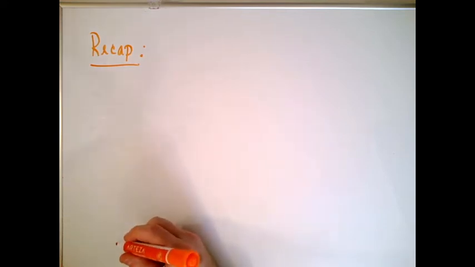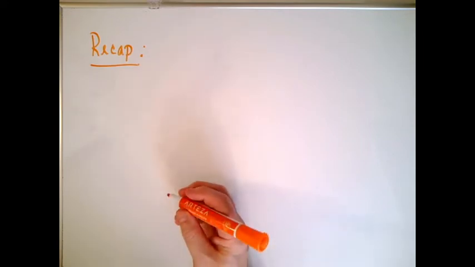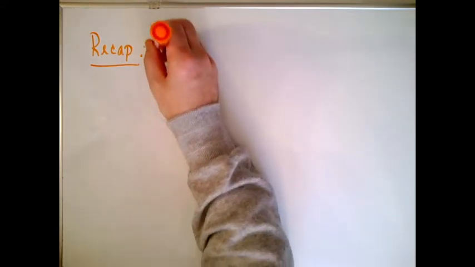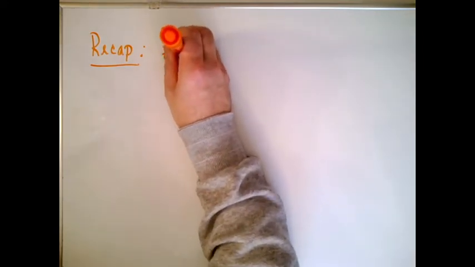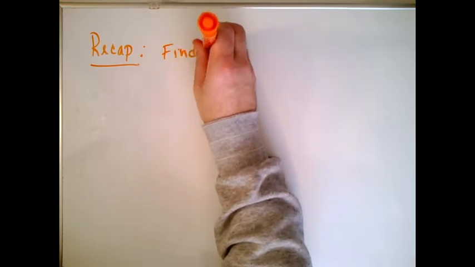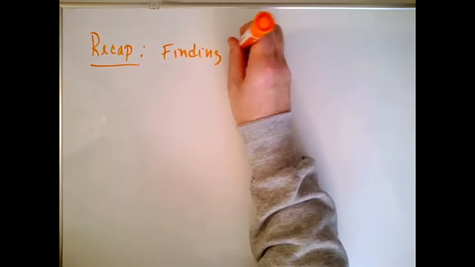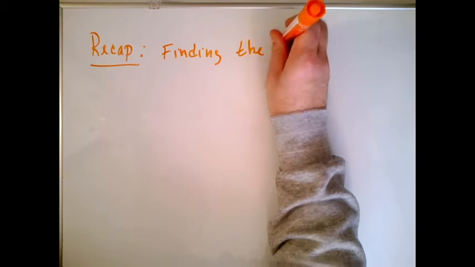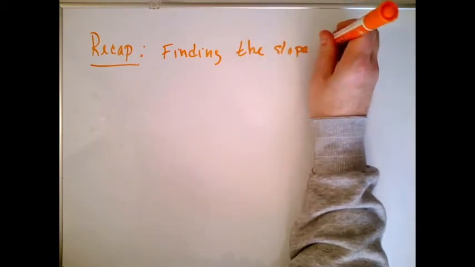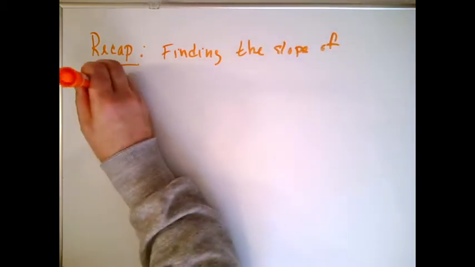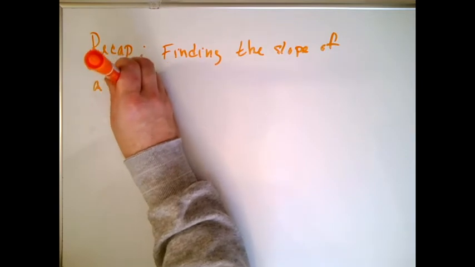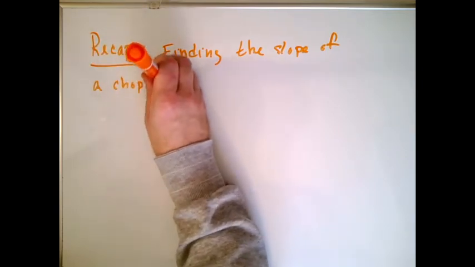All right, we're just going to recap the notation, the situation, everything. Remember what we're doing is we're finding the slope of a chop on the graph of a function.